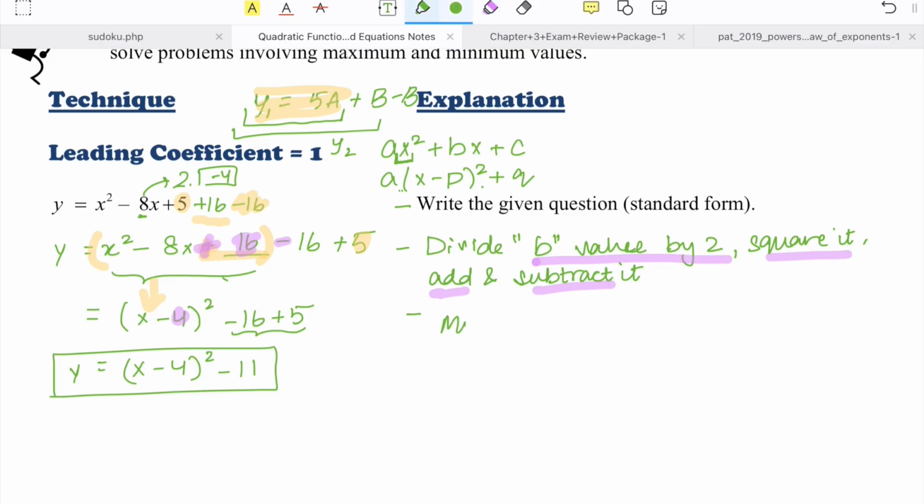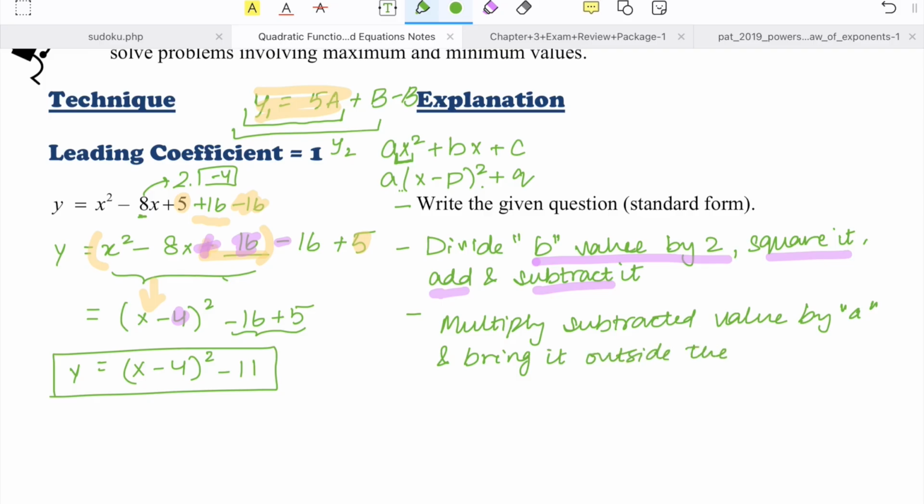And then multiply the subtracted value by a and bring it outside the bracket. So in this case, our a value was 1, right? So we multiplied 16 with 1, which just gave us 16.